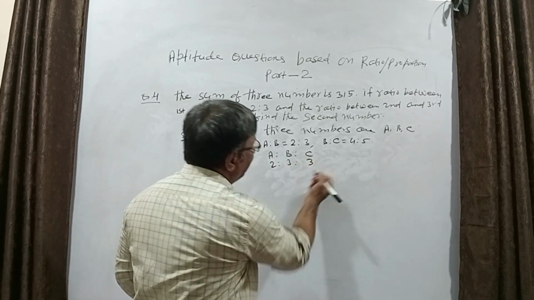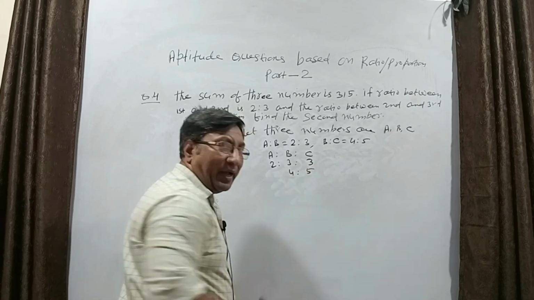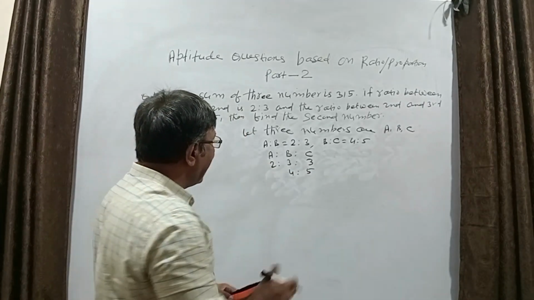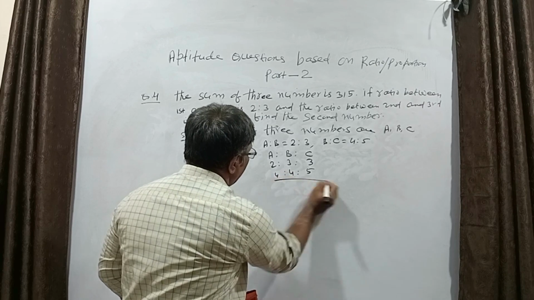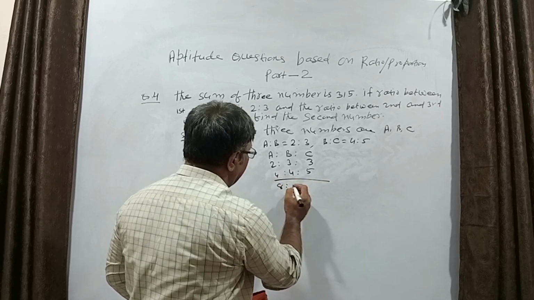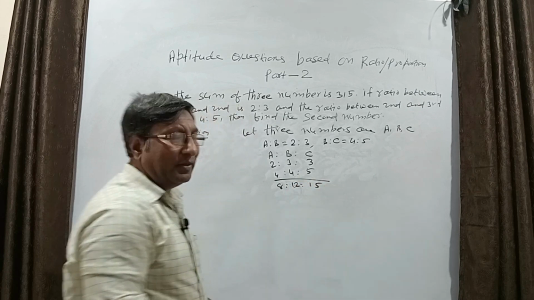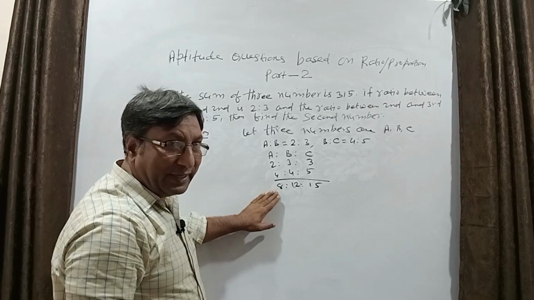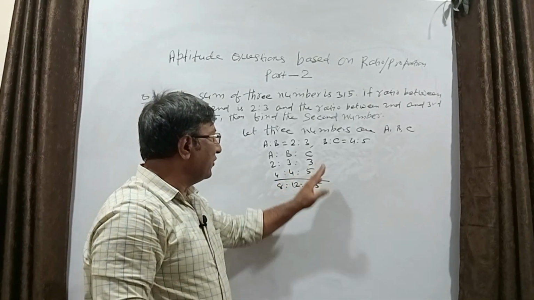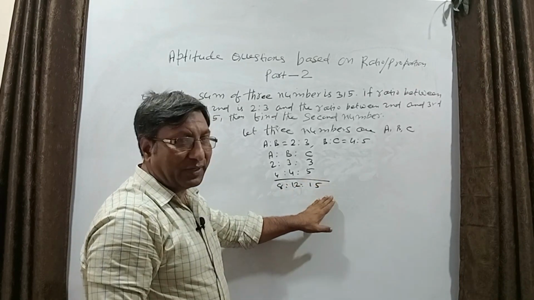Again BC is given as 4:5, here it is blank, so write 4. So 4 twos are 8, 4 threes are 12, and 5 threes are 15. So the ratio is 8, 12 and 15.